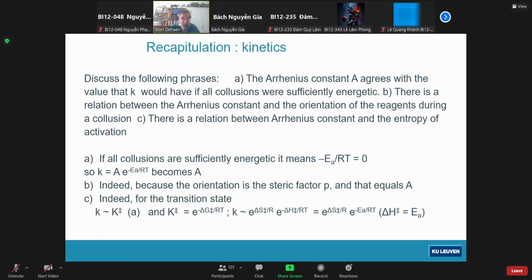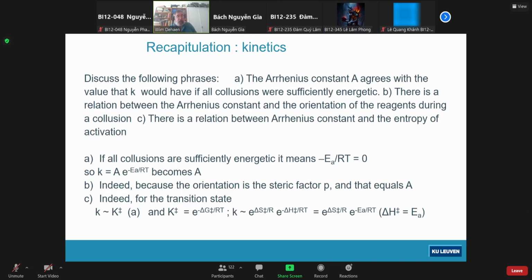You can see here in the middle, k, the rate constant, is equal to a pre-exponential A, and this is multiplied by e to the power minus activation energy divided by RT. The first thesis that we have here says that the Arrhenius constant A agrees with the value that k would have if all collisions were sufficiently energetic.